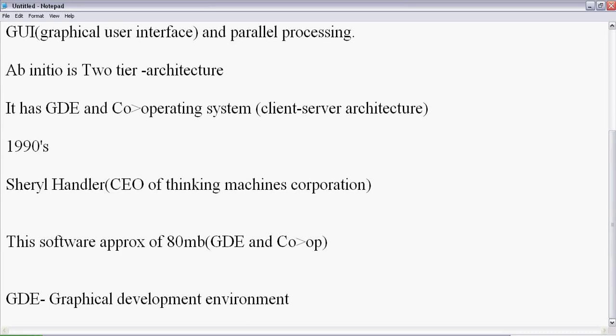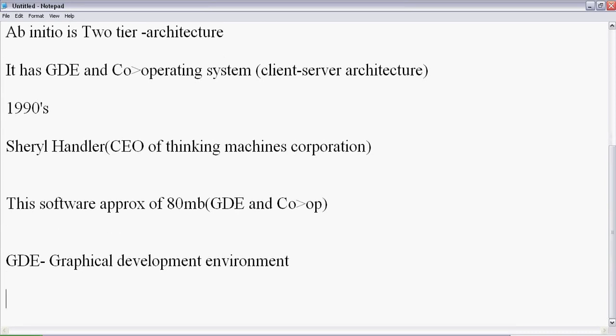In this graphical development environment, you are going to create a business application or a graph.